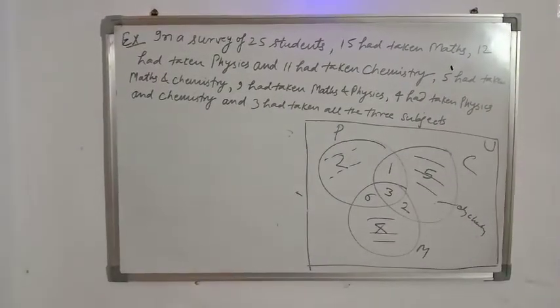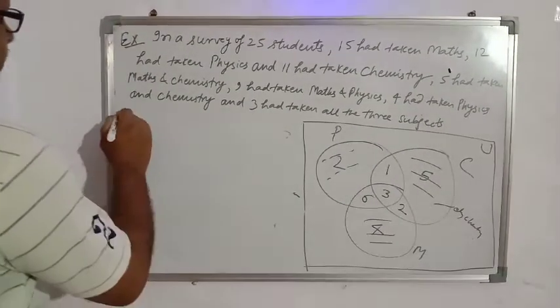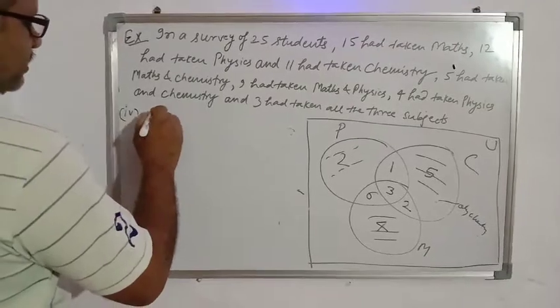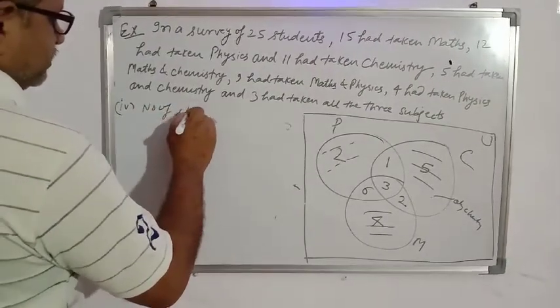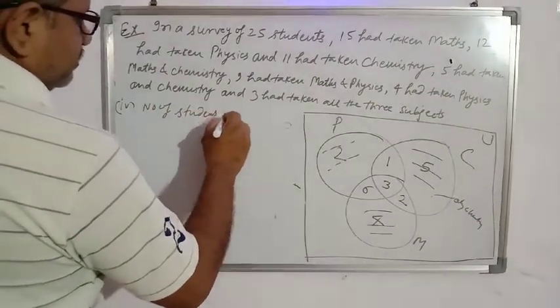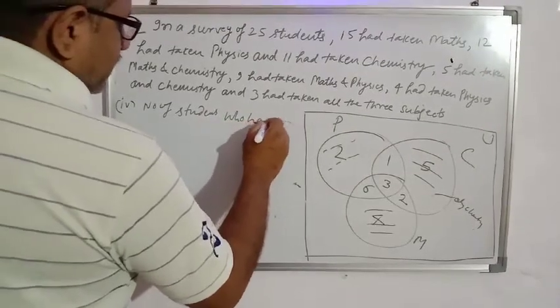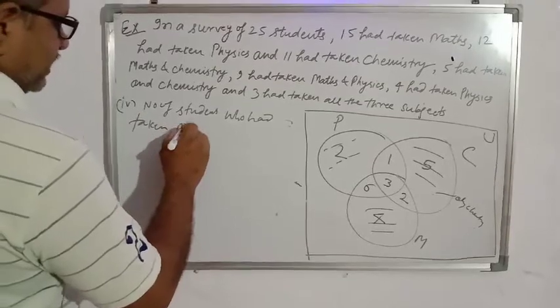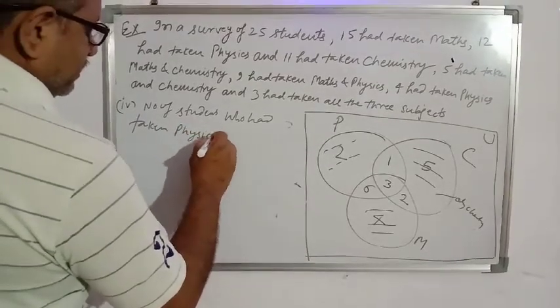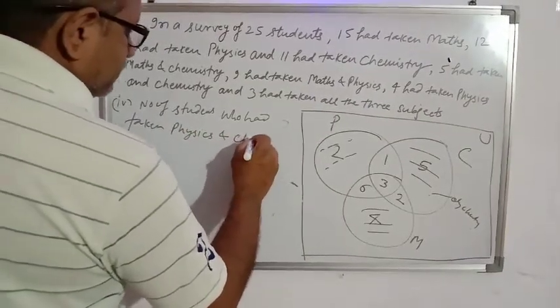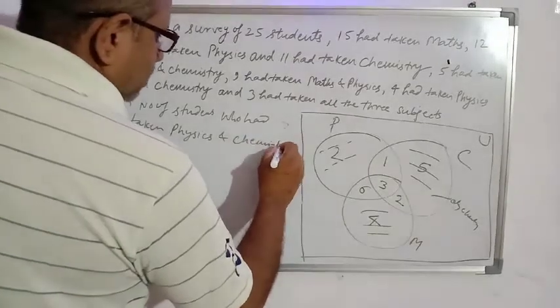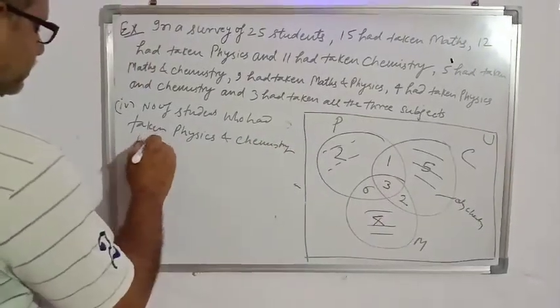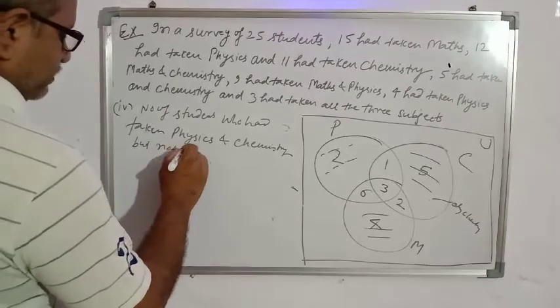Fourth part, number of students who had taken physics and chemistry but not math.